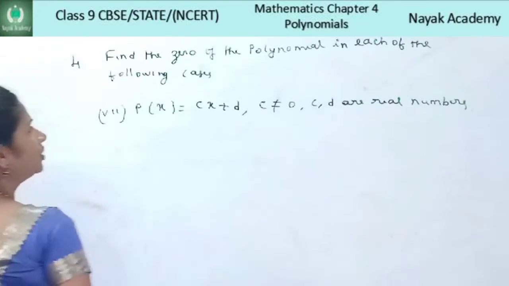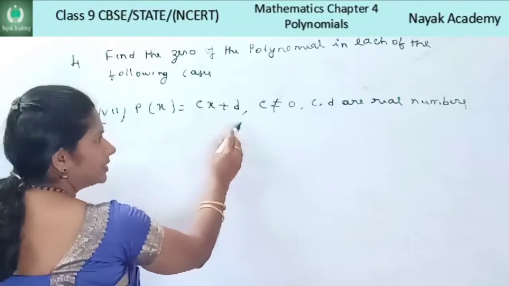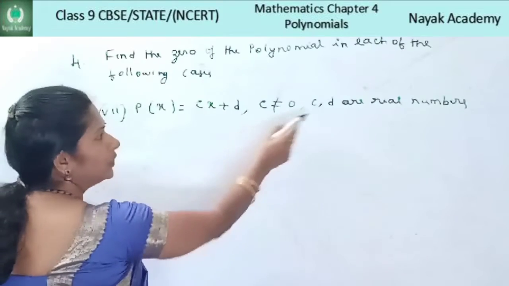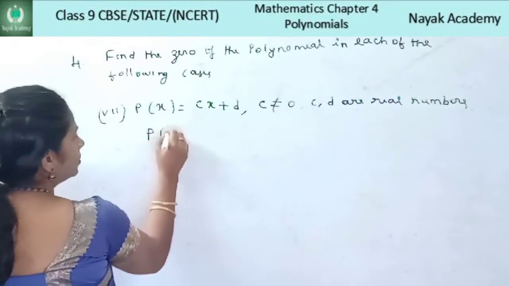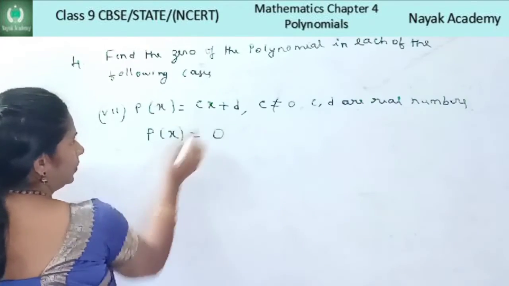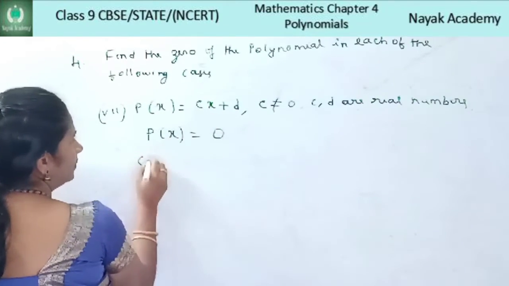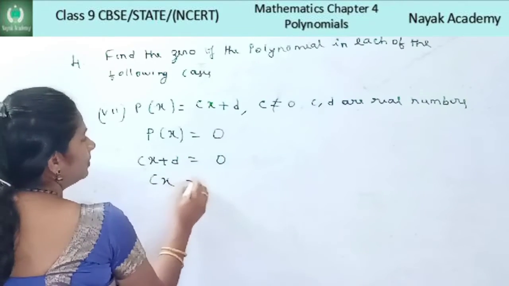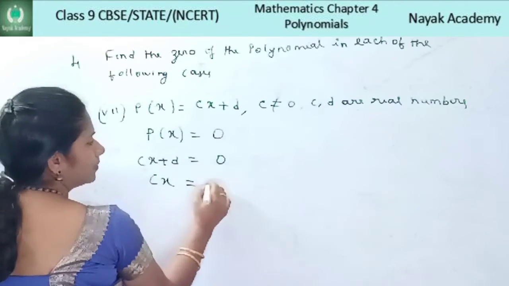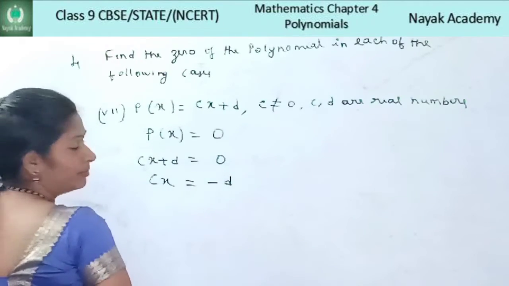Coming to the last question, p of x is equal to cx plus d, where c should not equal 0 and c, d are real numbers. Now what we have to do, children? Substitute the value of p of x is equal to 0. What is the p of x value given? Cx plus d equal to 0. Cx you keep on the left hand side only, plus d you transpose to the right hand side, it becomes minus d.